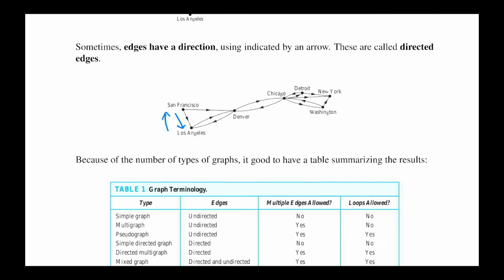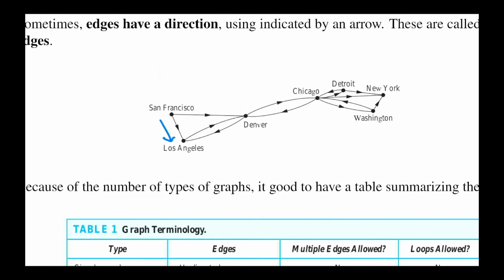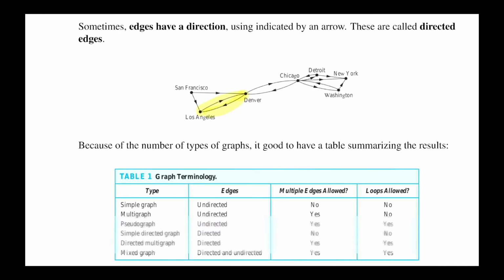So what they've done is they've only put an arrow in one direction there. If you need it to go in both directions, in a directed graph, you draw it one way and then you draw it the other way. So the direction can mean anything at all. The person who's drawing the graph will tell you what the directions mean, basically. We'll have some examples in a little bit.